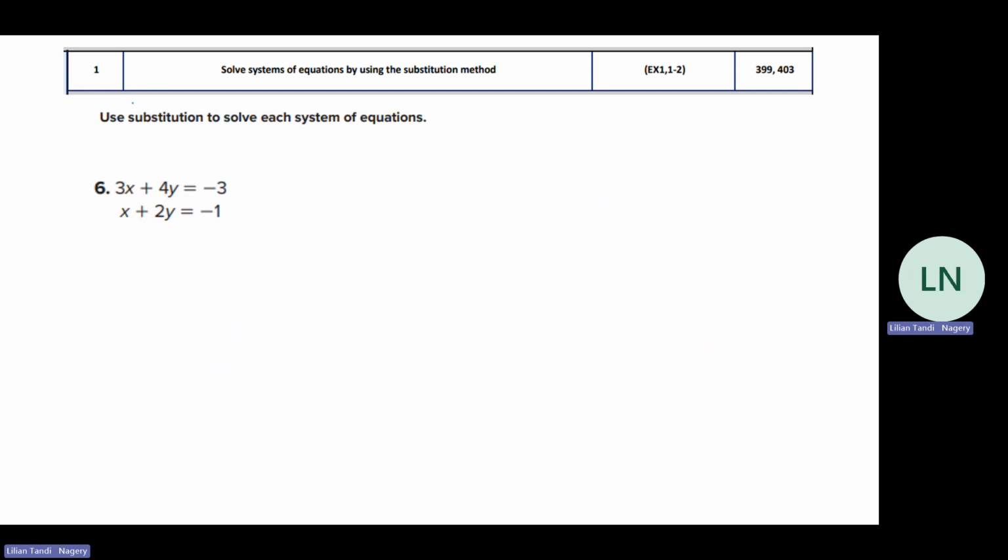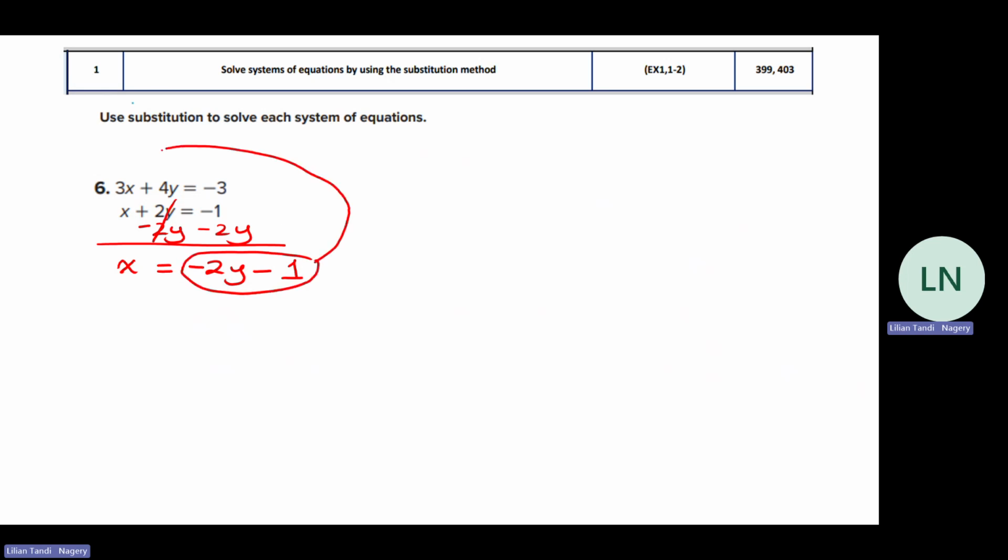Okay? All right. Here, I will use this one and I will start my equation with x. So I will subtract 2y on both sides. So this will be x equals negative 2y minus 1. Then I will take this to the first equation at x.